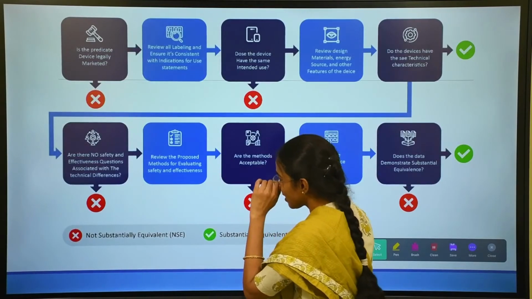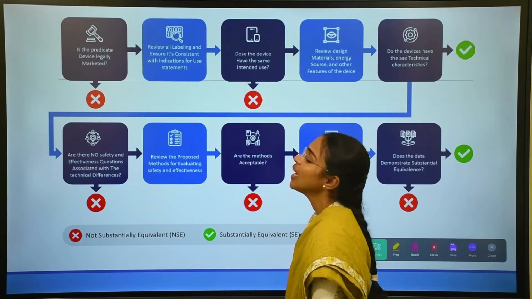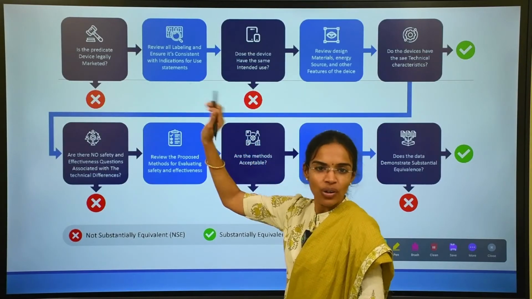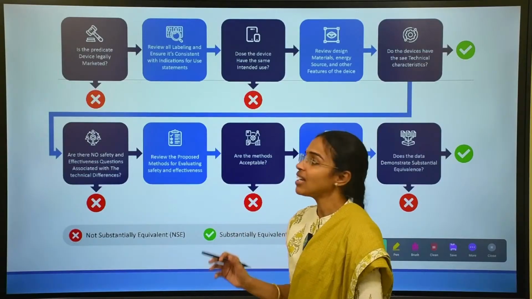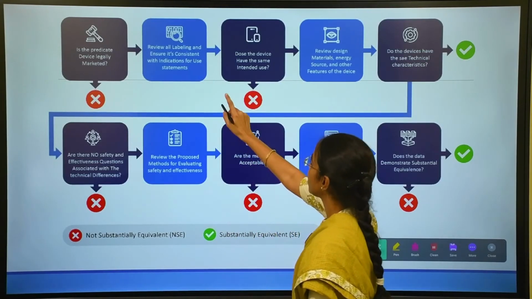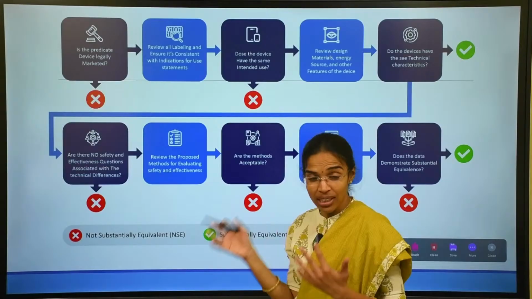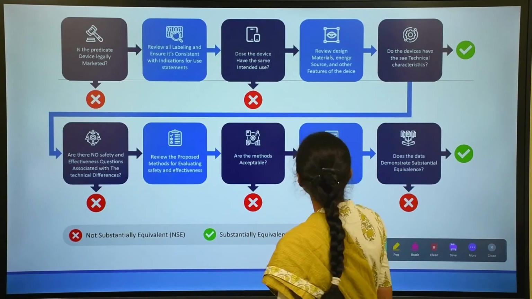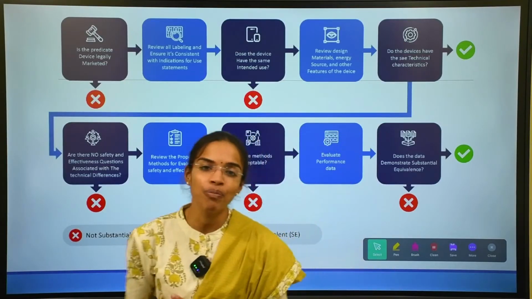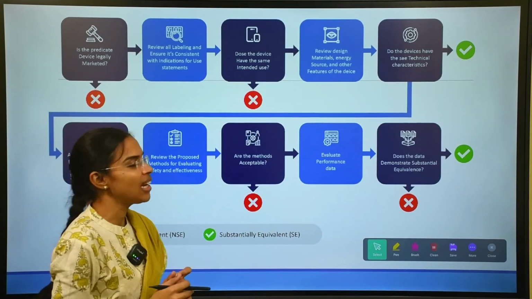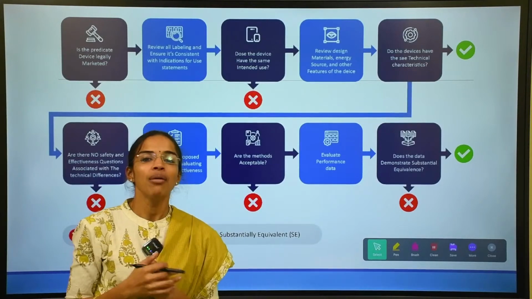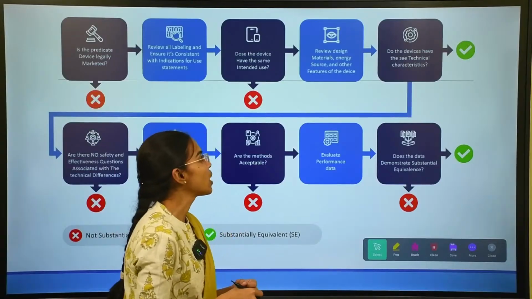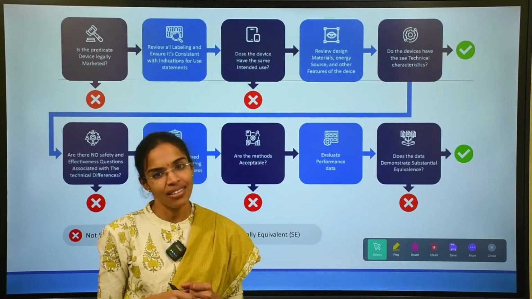So what satisfies to be a predicate device? If it is legally marketed, then go with the labeling. It should have the same intended use, a proper label, and an established design, material, energy source, and all the technical characteristics.